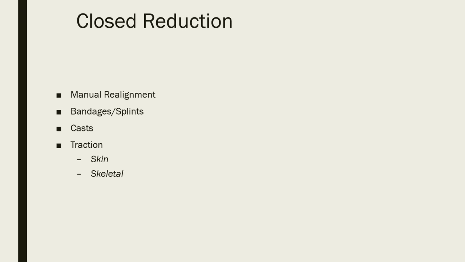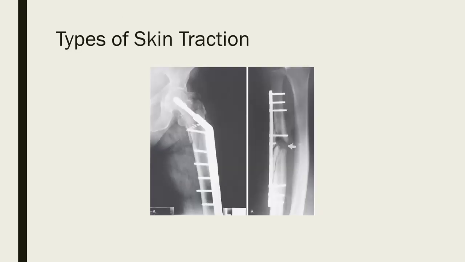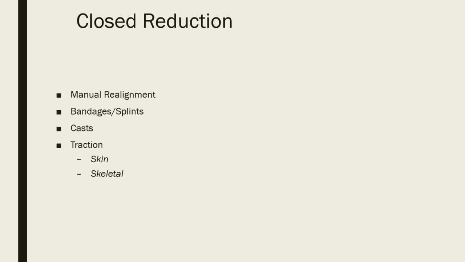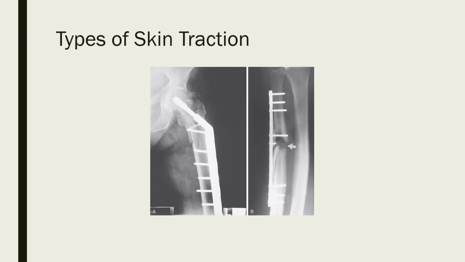Traction can occur either by the skin, using bandages and wraps, or skeletal traction, where pins and rods are placed through the skin into the bone, and then the weights are connected that way. The important thing to remember with traction is that the weights must remain free floating.